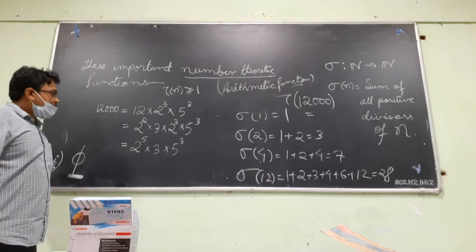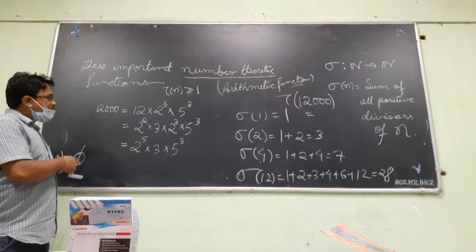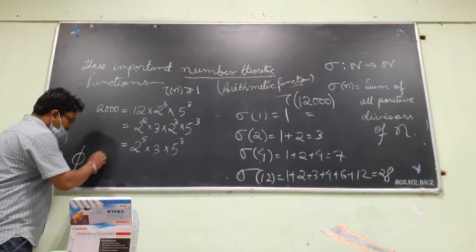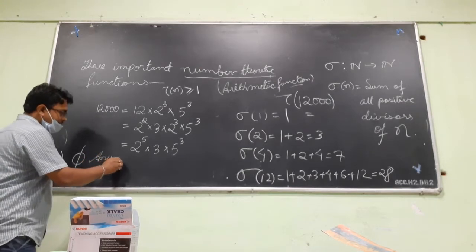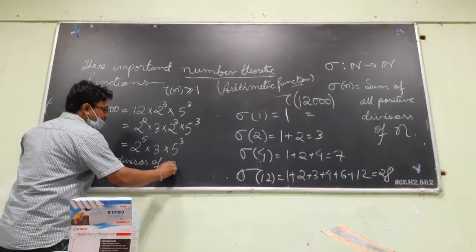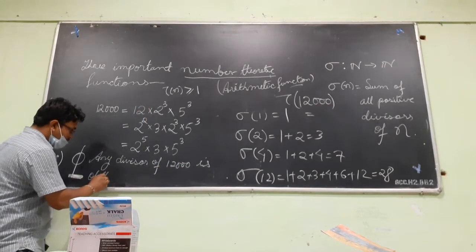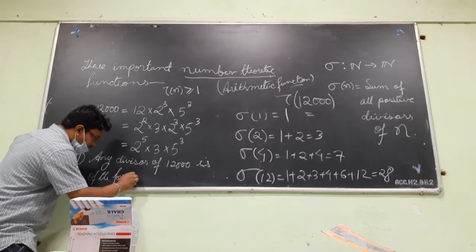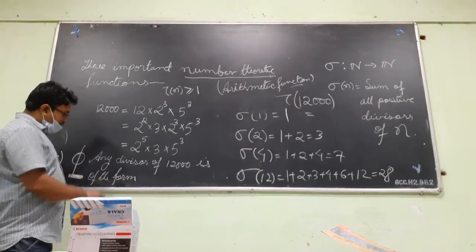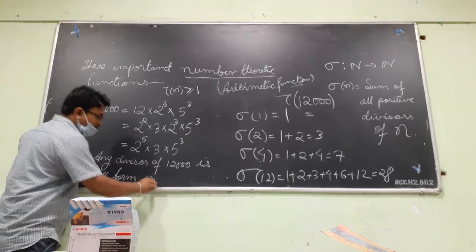Clear? So next we will apply the counting principle. So how will you apply? Any divisor of 12,000 is of the form, in the higher secondary permutation combination chapter, this is one of the standard problems.